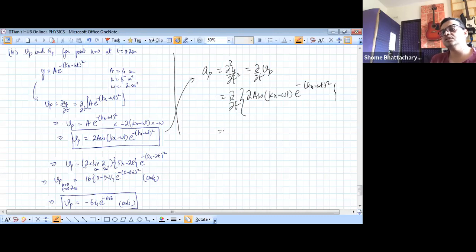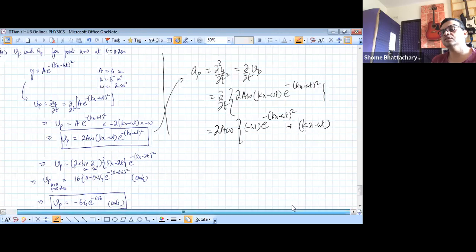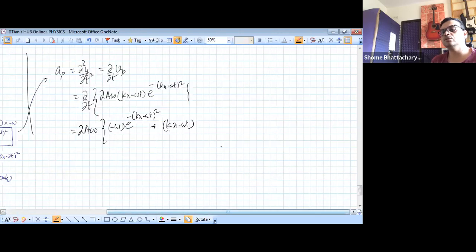As you can see, 2A omega will come outside, and then we are left with the differentiation of this term, that's minus omega, into the second term, so minus (kx minus omega t) whole square, plus this term only, plus (kx minus omega t) into the differentiation of that exponential function, which we had seen just now. So we don't need to repeat that whole thing.